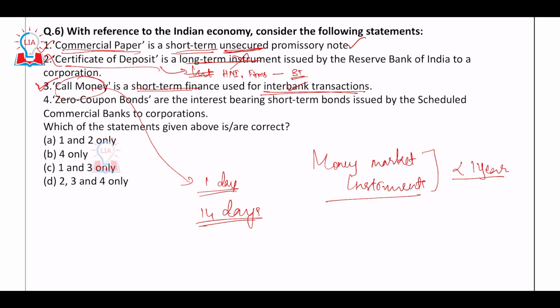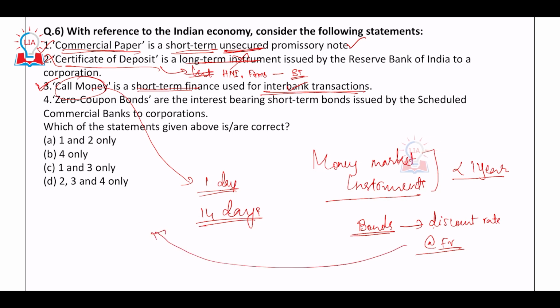Next is zero coupon bonds. Zero coupon bonds are nothing but the bonds which are issued at a discount to the face value itself. How can you understand this? Let's suppose there is a bond on which it is written rupees 100.